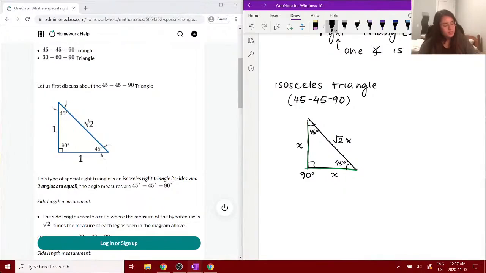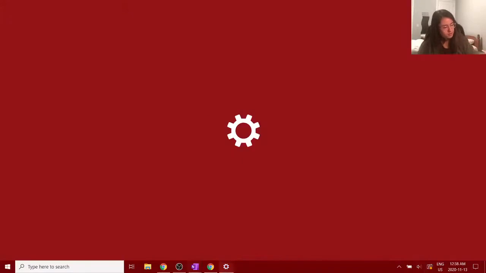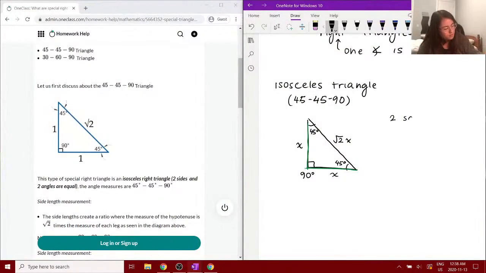So as you can see here, we have two of the same angles, and we have two of the same side lengths.